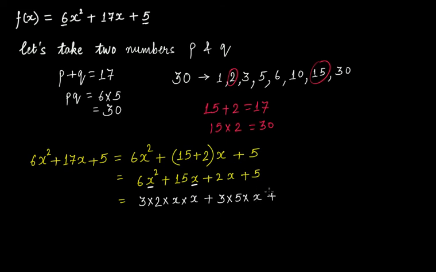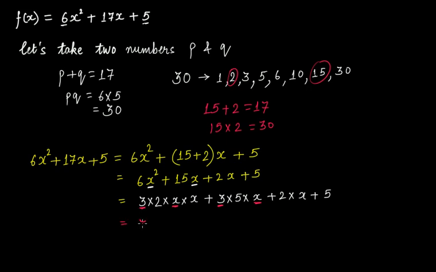And then you have 2 multiplied by x plus 5. Now you have 3 common here, and x common here in these two terms.